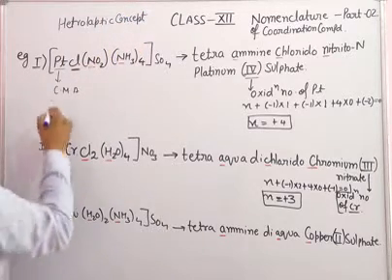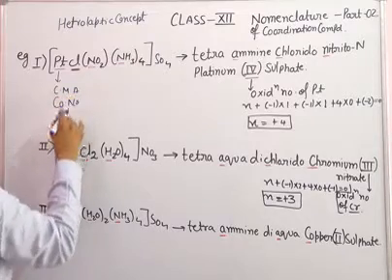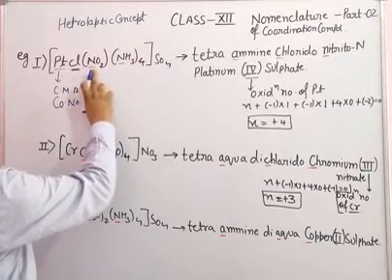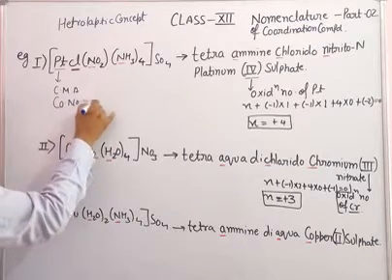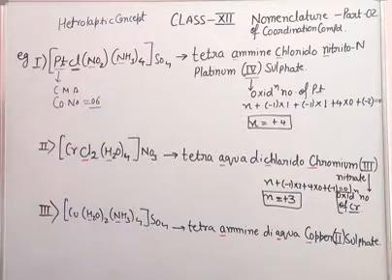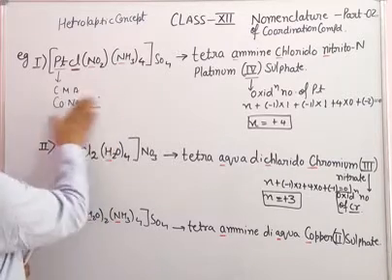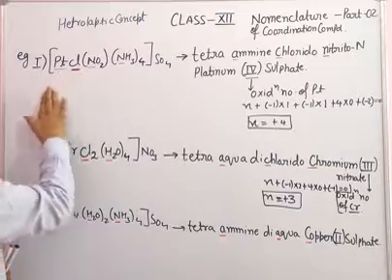What is the coordination number of this compound? The coordination number will be 4 plus 1 plus 1, that is 6 total. So this is an octahedral coordination complex. The name for this compound will be written like this.